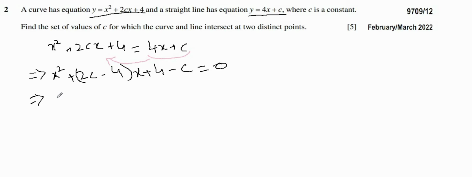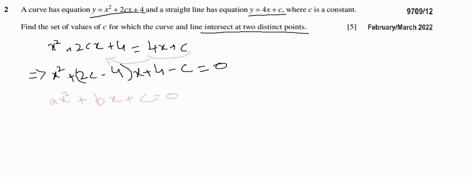okay, now what we have to do next is, we know that these two lines intersect at two different points, two distinct points. You know what that means? That means if we are considering it as a quadratic equation, so just writing the general form of the quadratic equation, ax squared plus bx plus c is equal to 0.